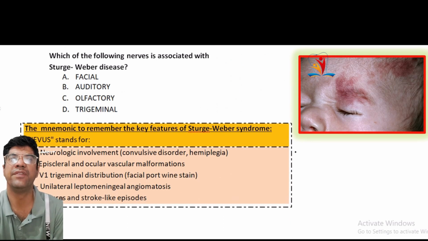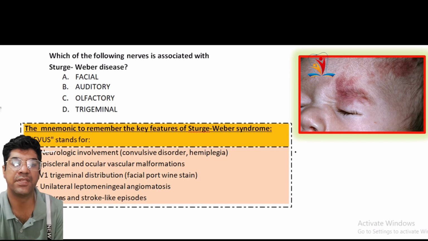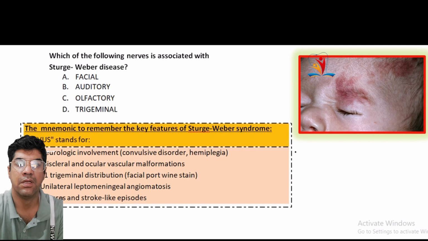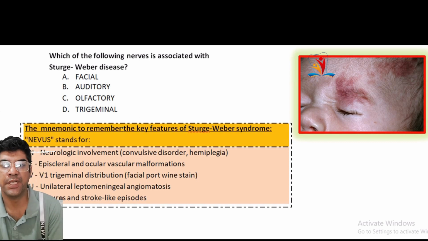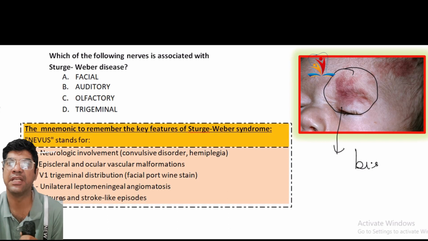Moving to next question, which of the following nerves is associated with Sturge-Weber syndrome? The nerve associated with Sturge-Weber disease is the trigeminal nerve. Remember, this syndrome is associated with port wine stains, present at birth.